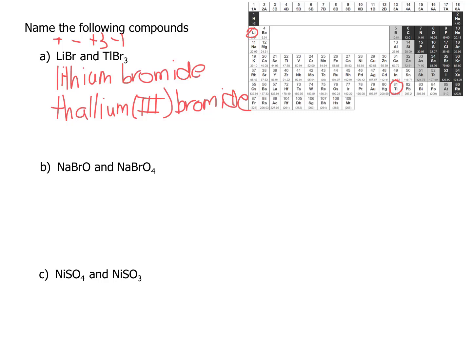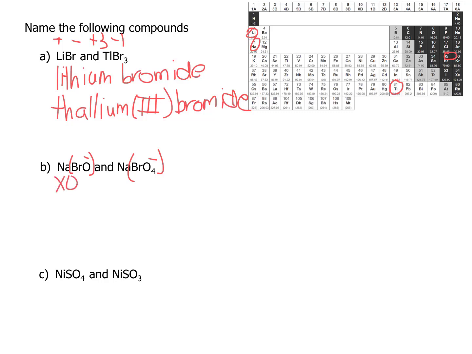For the next set of compounds, we have sodium with some oxoanions, either the BrO- anion or the BrO4- anion. Certainly we know that sodium is of course going to be +1 since it's in column 1. Now bromine is in group 7, so we're going to use that series of rules that you deal with for oxoanions of group 7.